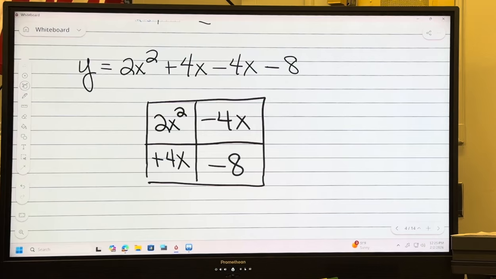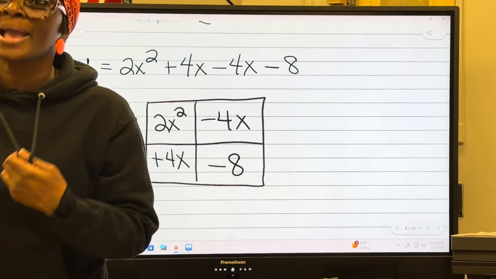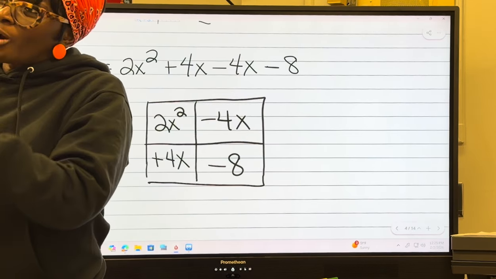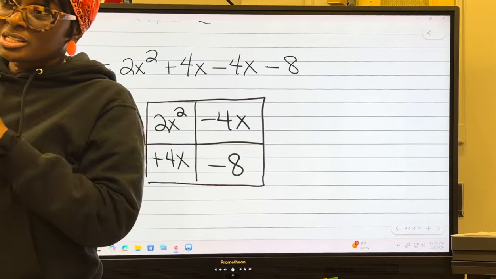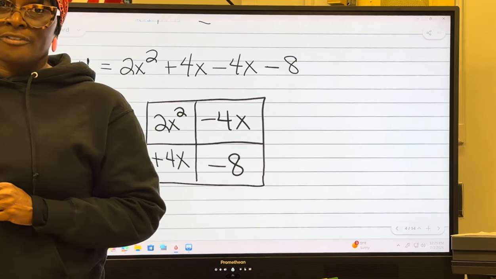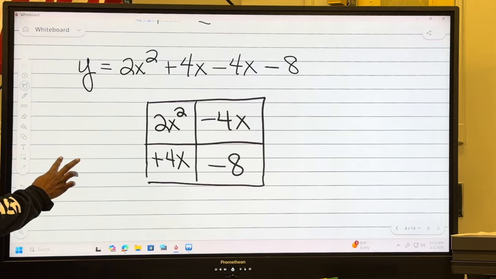So what do all three of those solutions have in common? The y is what? So anytime we're trying to solve a quadratic function, we want to have our y be 0. And if we can solve it with our y being 0, then that is going to be your solution. Are y'all following?